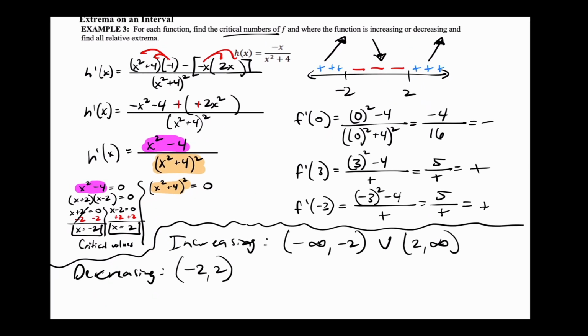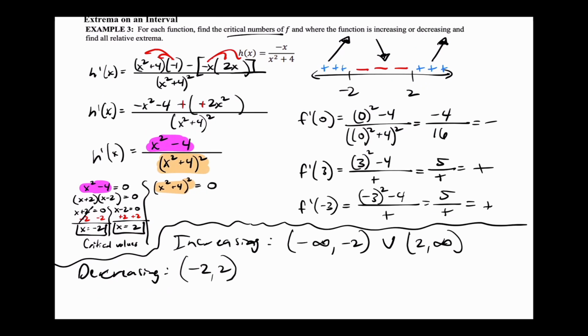What's the last thing I have to do? Yeah, what are -2 and +2? I have to write which one is a relative maximum, which one is a relative minimum, and then explain why. That's the last thing.